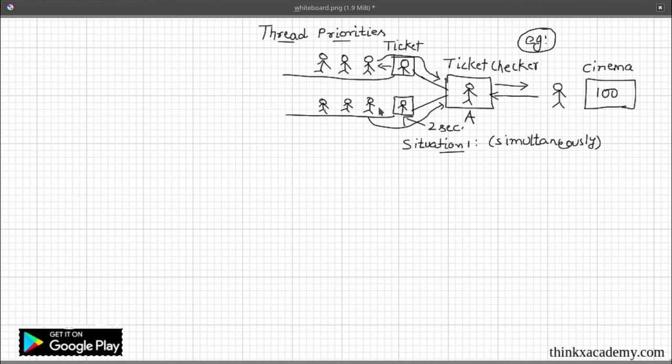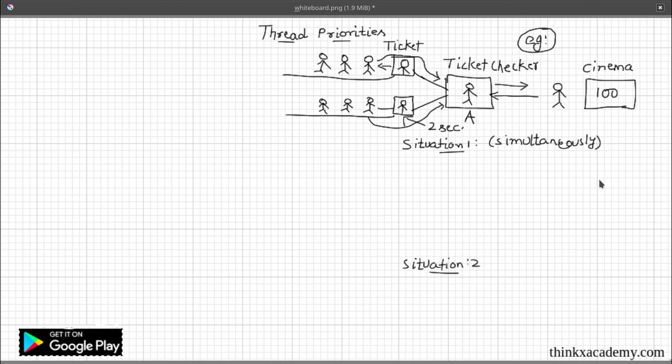Then after the 2 seconds the customer will be able to enter, and the ticket checker will check his ticket, and then he will get allowed in the cinema. Now let's study another situation, which is situation number 2. Same example.